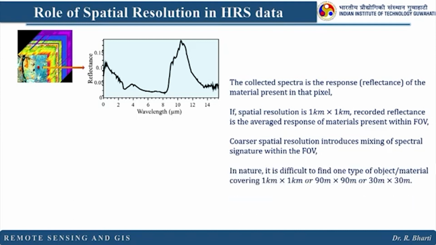In nature, it is difficult to find one type of object or material covering 1 by 1 kilometer, or 90 by 90 meters, or 30 by 30 meters, right? Why? Because in nature the objects are changing, maybe slowly or maybe drastically, but it is very difficult to find one type of object present in 1 by 1 kilometer, right?